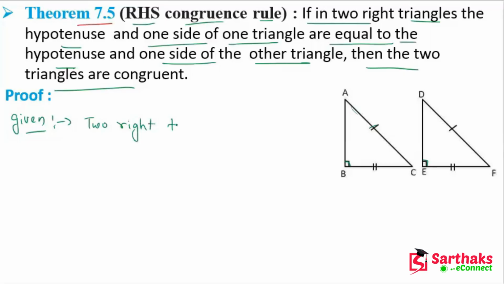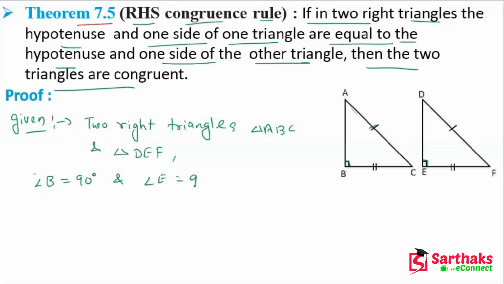Two right triangles, triangle ABC and triangle DEF. Here angle B is equal to 90 degrees and angle E is equal to 90 degrees.